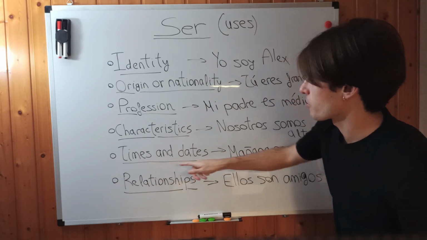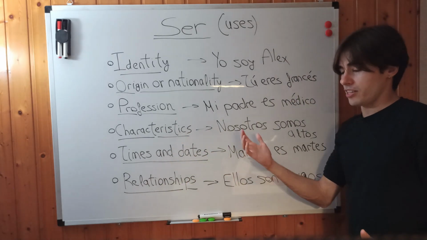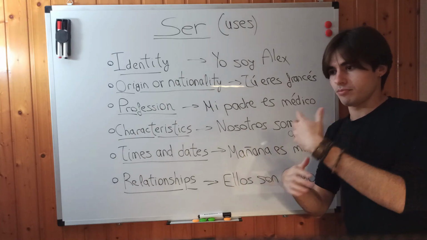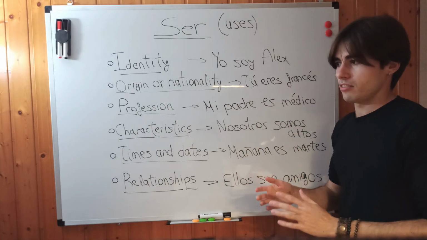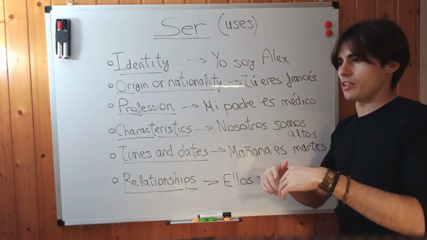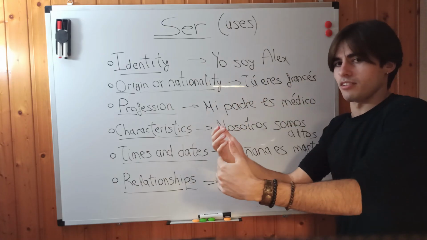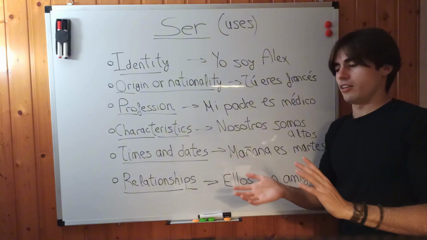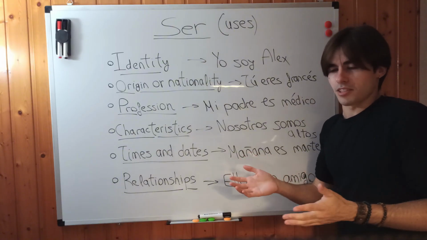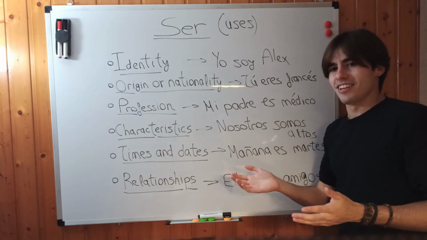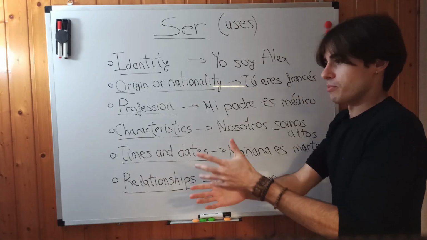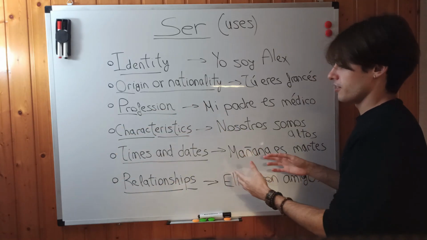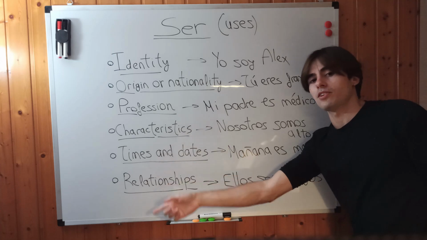The next one is times and dates, because again, if today is Tuesday, tomorrow it's going to be Wednesday. No matter what. It doesn't matter what happens. It's going to be Wednesday. Or let's say next Saturday is my birthday.